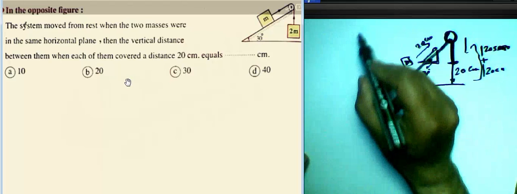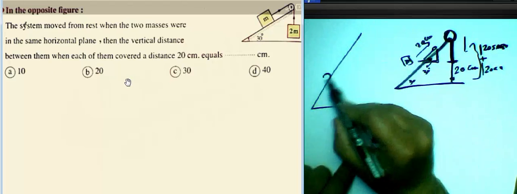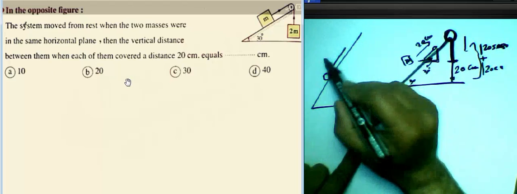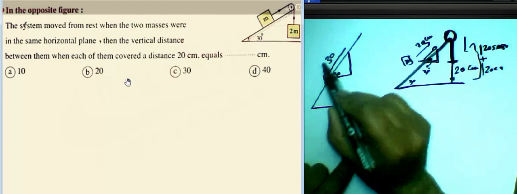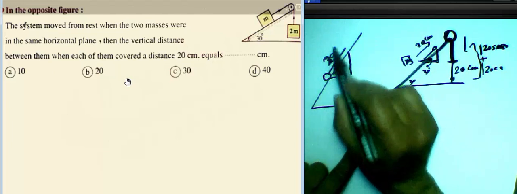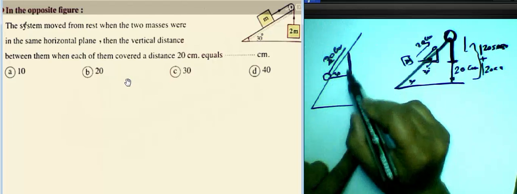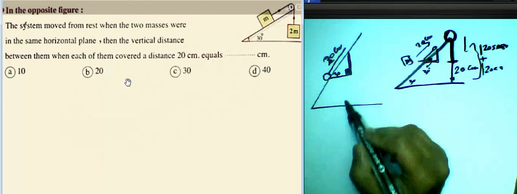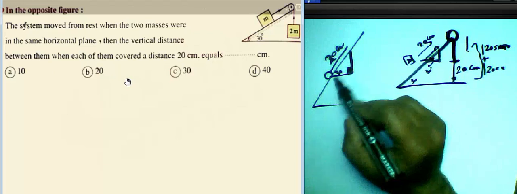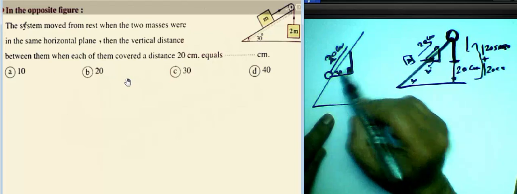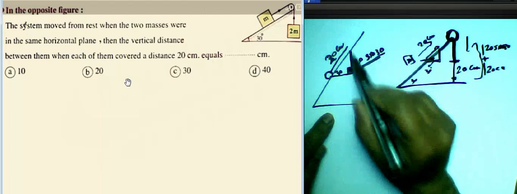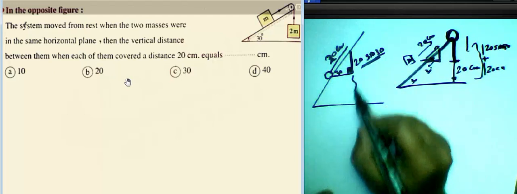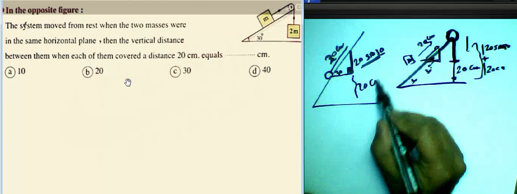Again, I will draw it bigger. This part is going up at 30 degrees, and we want to find the vertical height. This angle was 30 and this part 20 centimeters, so we have a right-angle triangle. This side, opposite 30, will be 20 sine 30. It's the height.